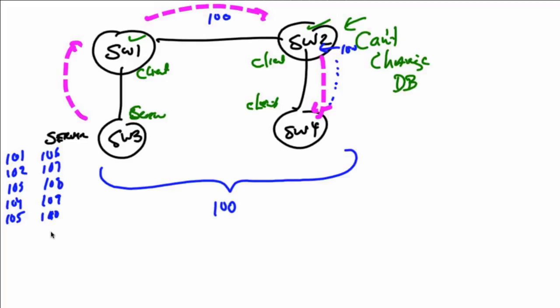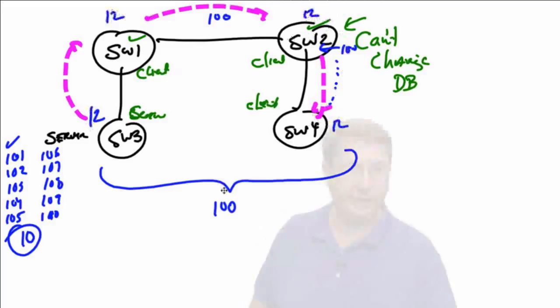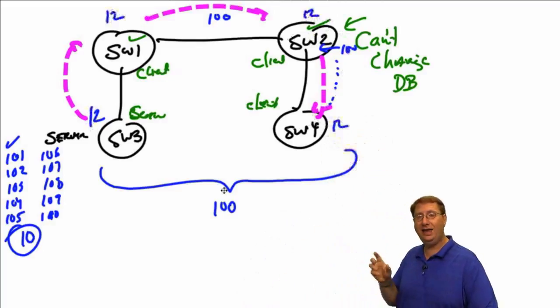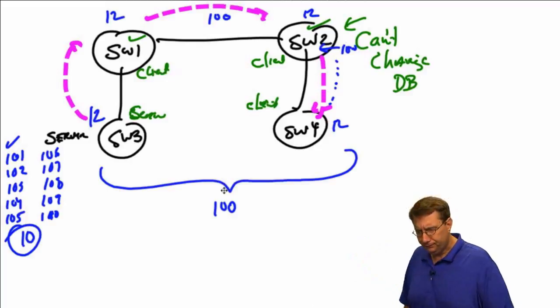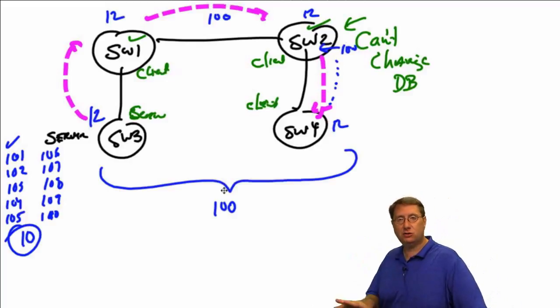Now, let's say we created each of these individually. So that's going to give me a revision number of 10. Let's say this device already had a revision number of 2. So this is going to be a revision of 12. And if my VTP domain is fully operational, each device would synchronize on a revision number of 12. Now, in this situation, that's great and wonderful.